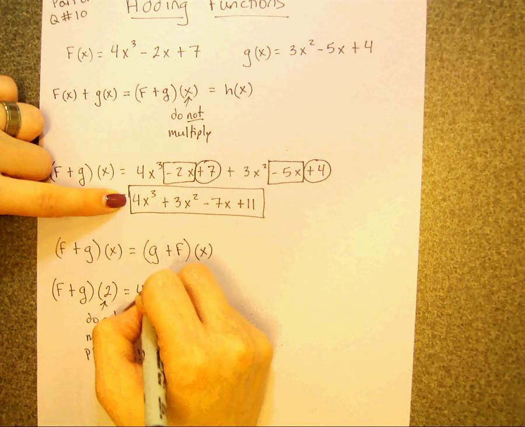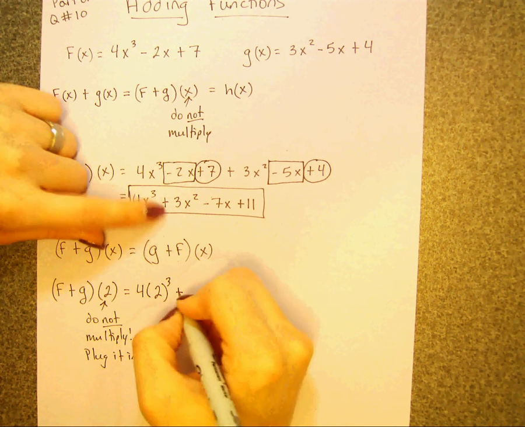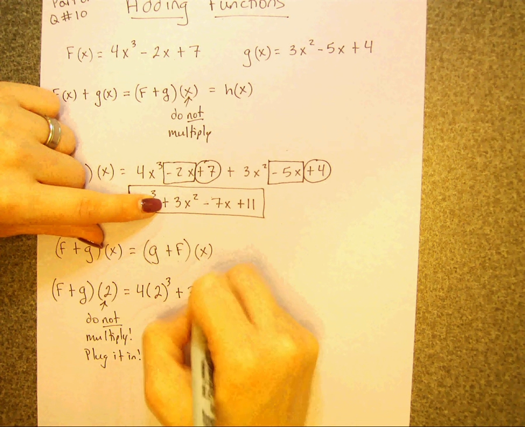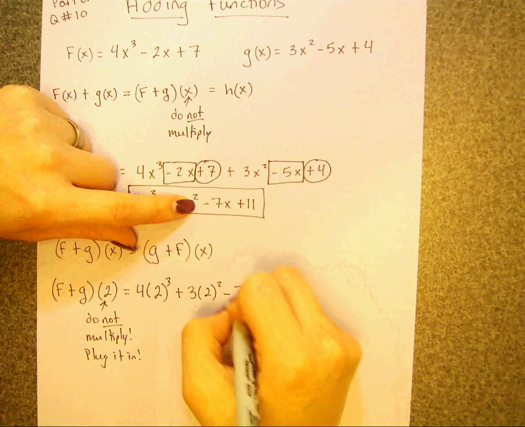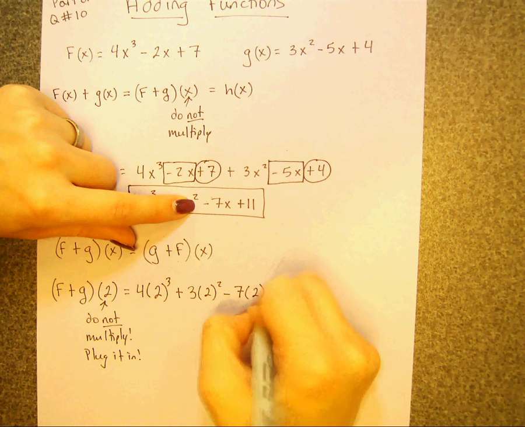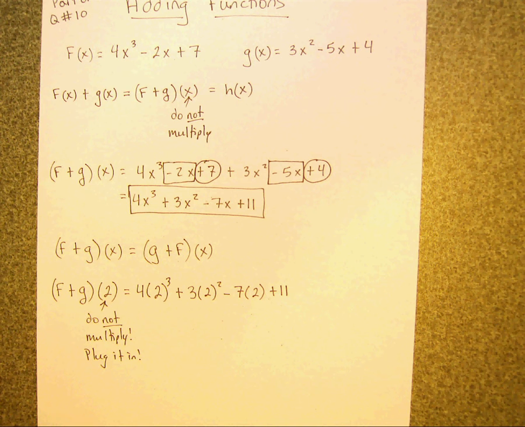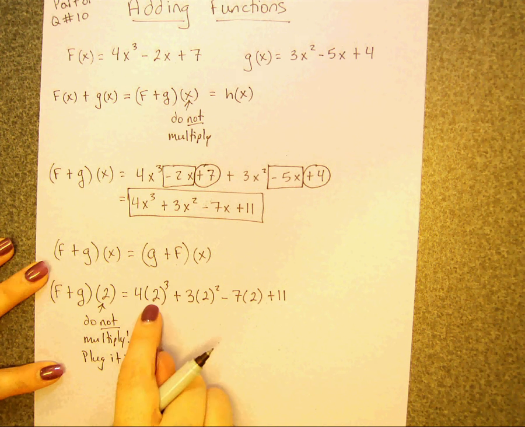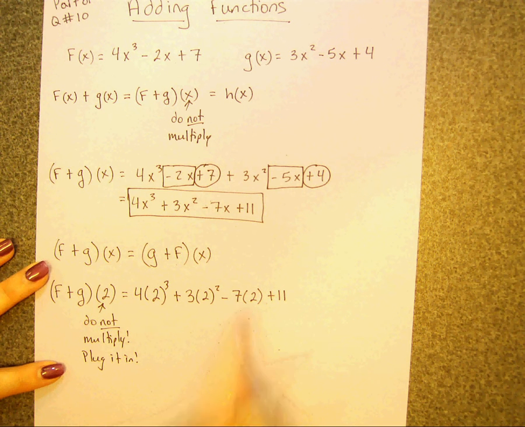So I'll have 4 times 2 cubed plus 3 times 2 squared minus 7 times 2 plus 11. Notice that the number I plugged in is in parentheses. This will help me do my order of operations properly.